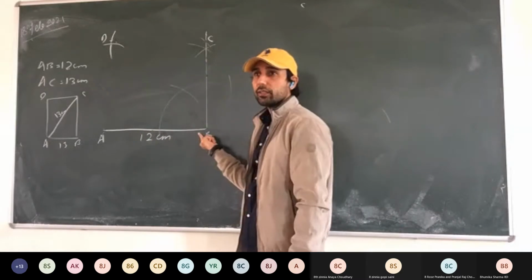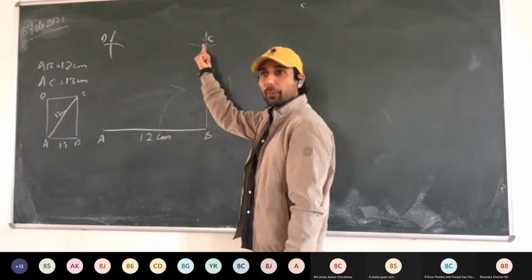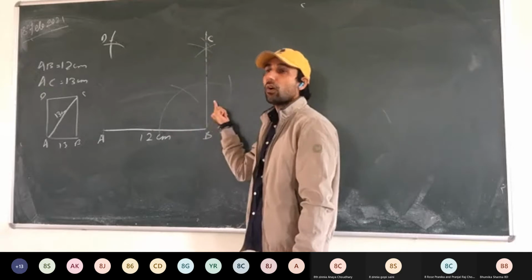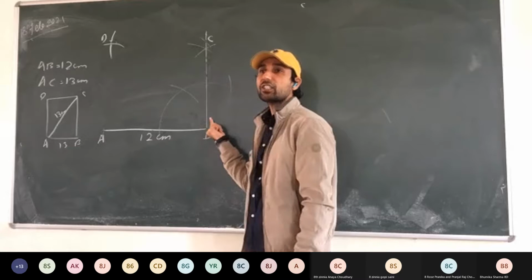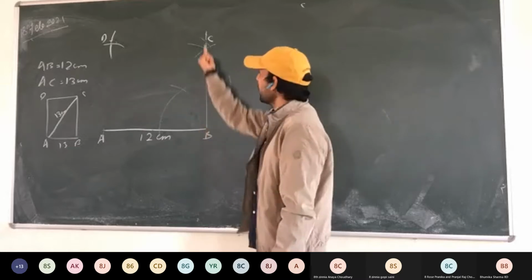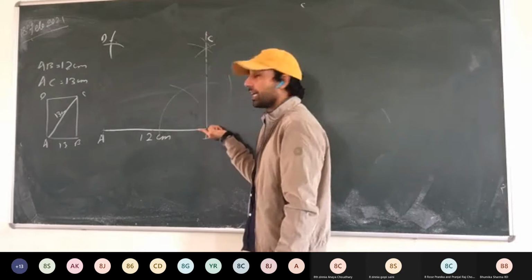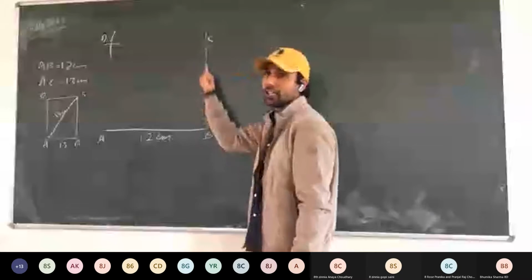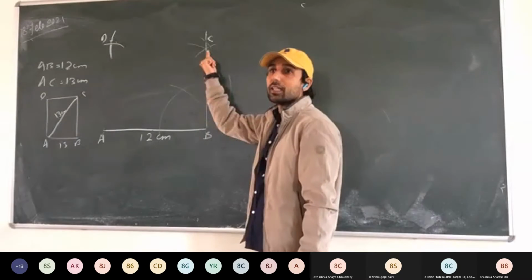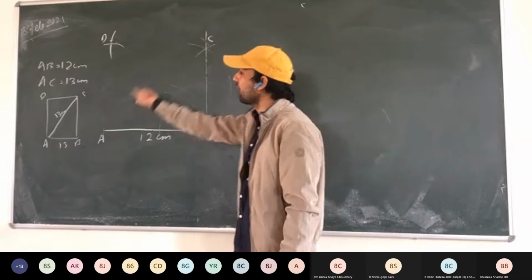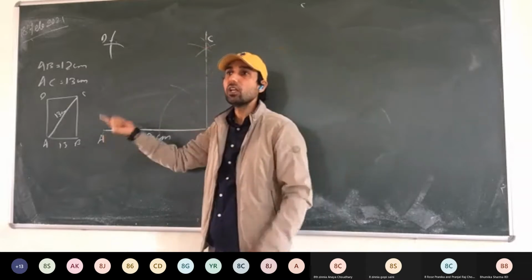AB we have already drawn. We have drawn the perpendicular to it, that is at 90-degree angle. Adjacent sides of a rectangle are at 90 degrees. So we have drawn a line perpendicular to AB. Now C will be lying somewhere on this line such that that point is how far from A? 13 centimeters.